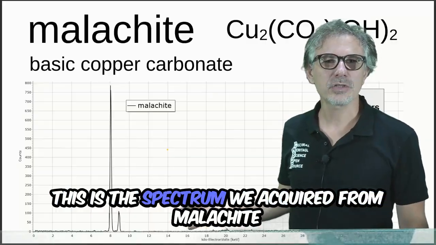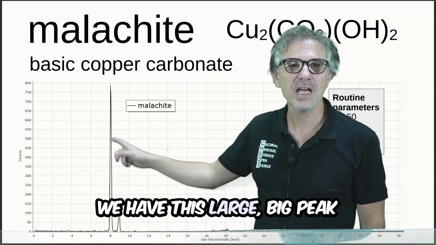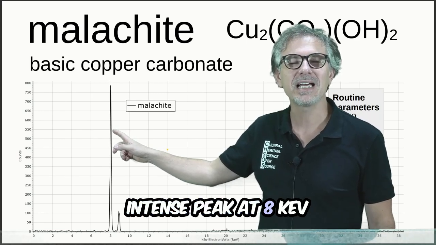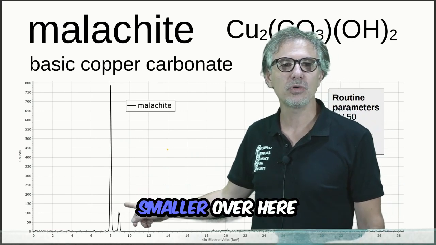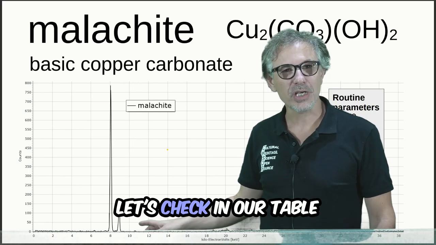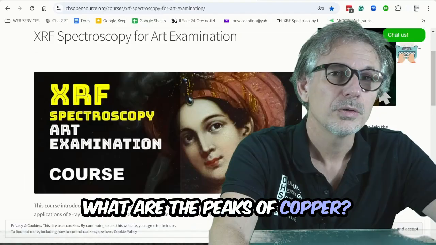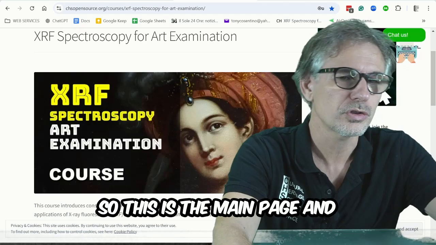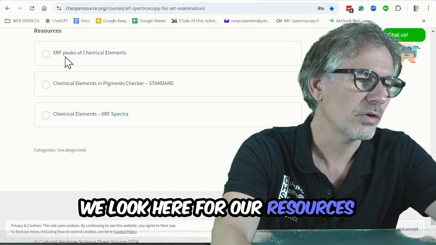This is the spectrum we acquired from malachite. We have this large, intense peak at 8 keV, and then another smaller one over here. Let's check in our table what the peaks of copper are. We navigate our online course, this is the main page, and we look for our resources.